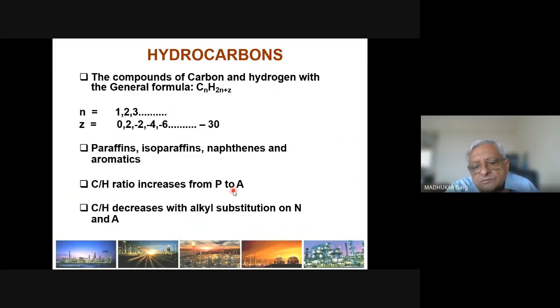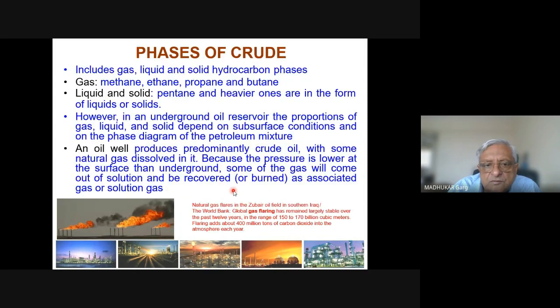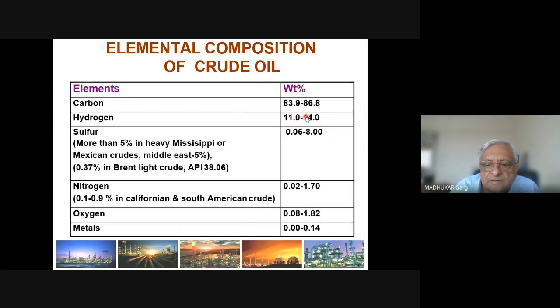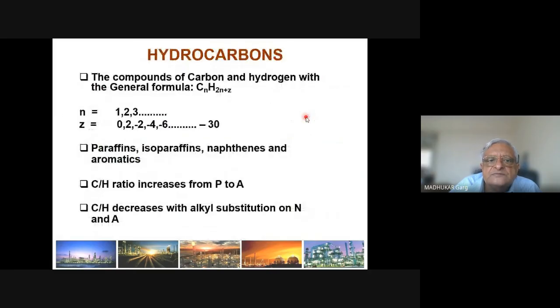Now coming to more of the chemistry side of crude oil, the hydrocarbons. If you recall, I had mentioned it as carbon and hydrogen. The hydrocarbons present in crude oil have the general formula CnH2n+Z. I'm sure you still remember this from your high school chemistry.